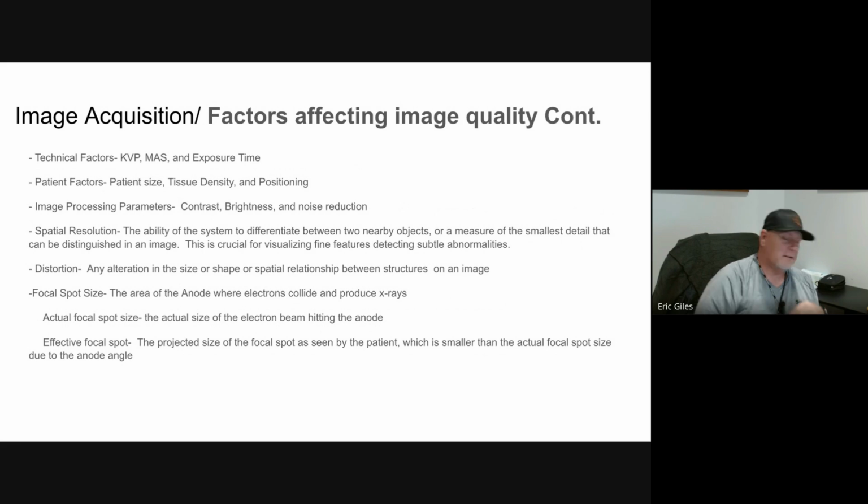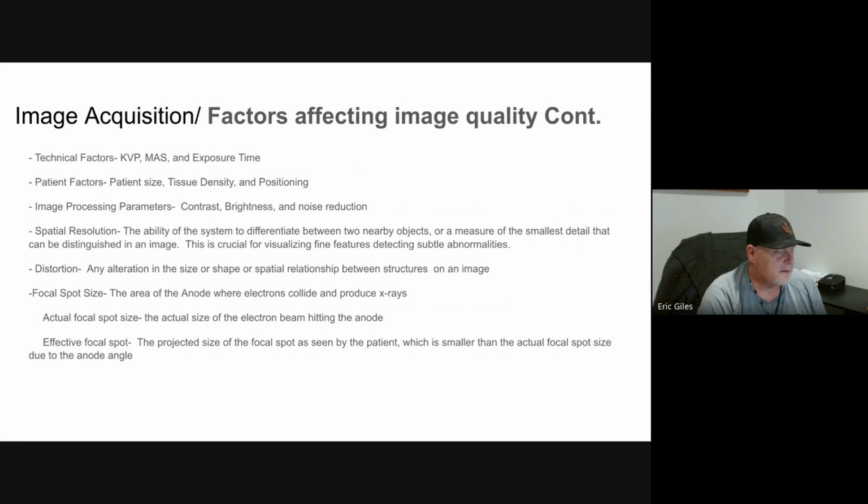And you guys are going to get to the point where you'll be able to look at a patient and have a pretty good idea of what you need to shoot that patient at. So image processing parameters, contrast, brightness, and noise reduction. That's pretty neat stuff, actually, how you can make your pictures look just with the software that we're working through.